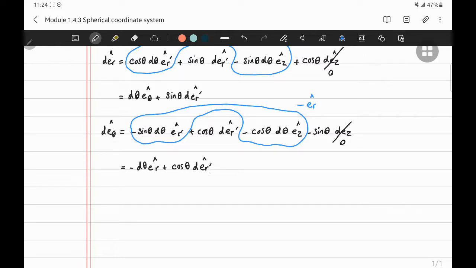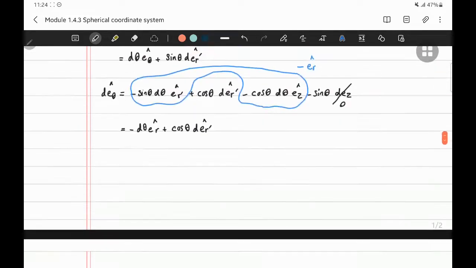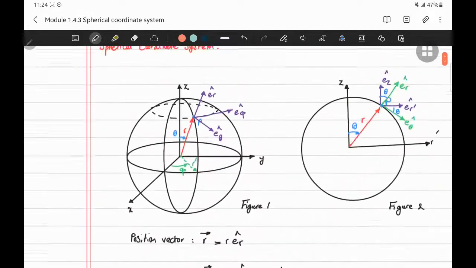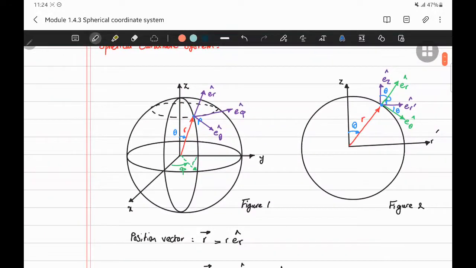So we have to calculate this d er prime in here and also here. To do so, we look at this spherical coordinate system from the top view.